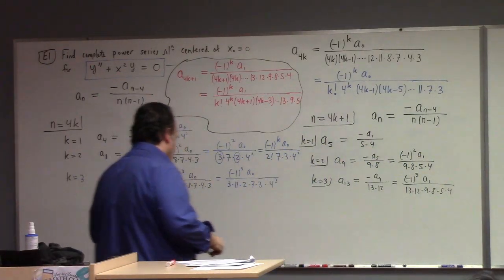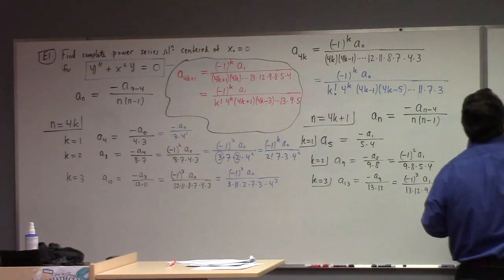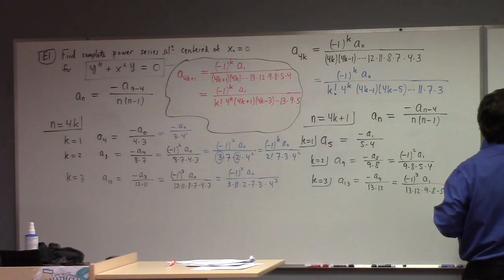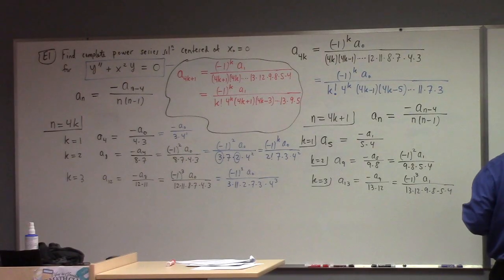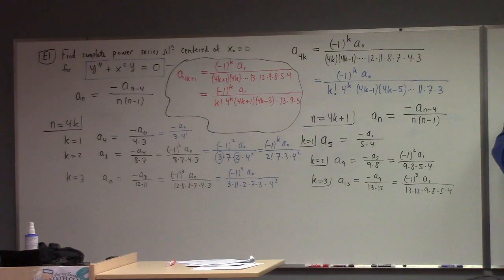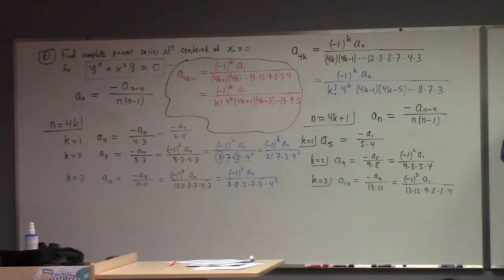So here we go. We have found that y is equal to a sub 0 times the sum k equals 0 to infinity of minus 1 to the k, I'll use the nice formula, divided by k factorial times 4 to the k times 4k minus 1 times 4k minus 5, dot dot dot, until we get 11, 7, and 3.